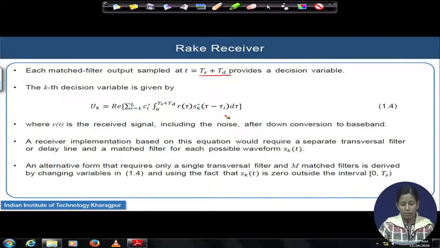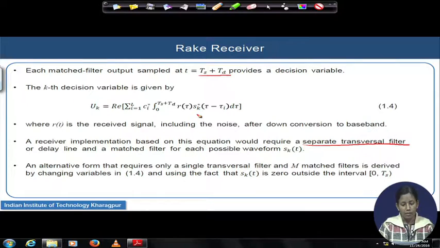Now the receiver implementation. If I try to do it based on this, it seems that it requires a separate transversal filter or delay line for each and every symbol, and then a matched filter associated with each and every symbol.